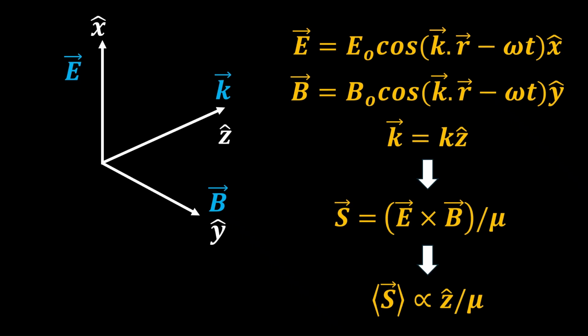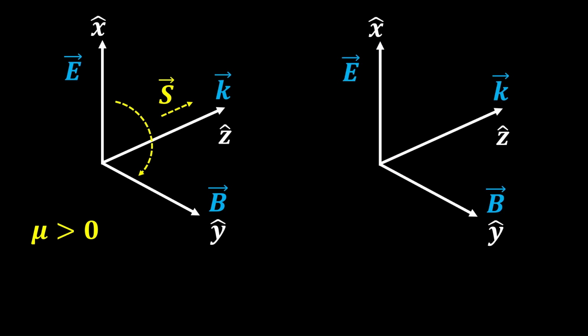Now, if mu is positive, then E cross B will be along the Z direction. So S is parallel to the k direction, as in it is along the k direction.